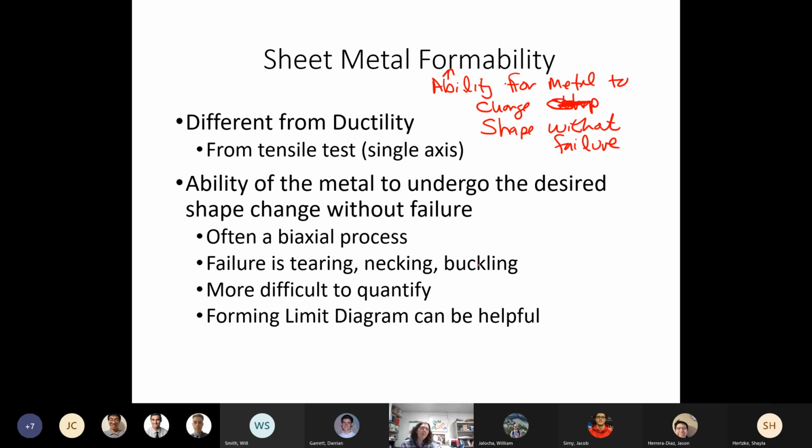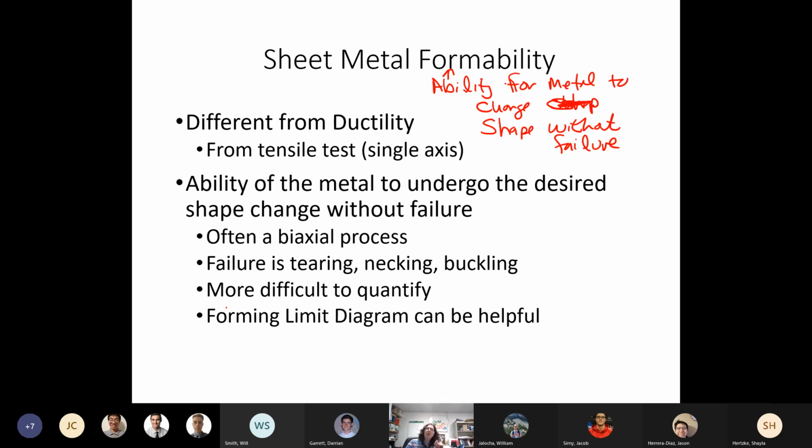So failure becomes defined in a more conservative way, whereas ductility is when the material fractures. When we think about sheet metal forming, we really see failure can occur prior to the tearing or fracture.